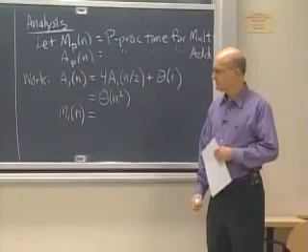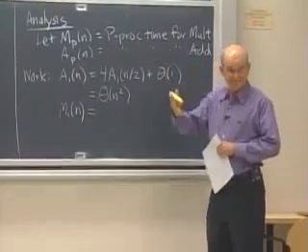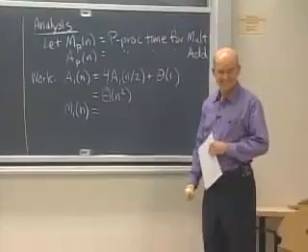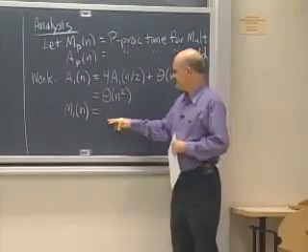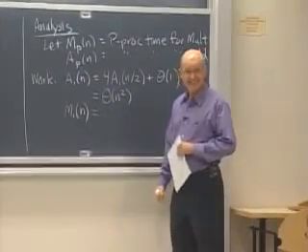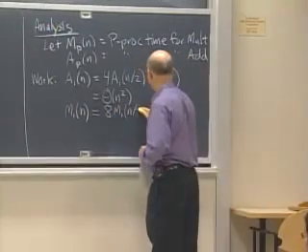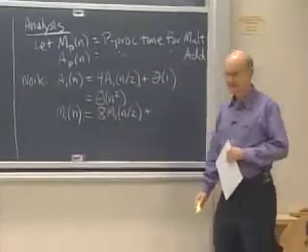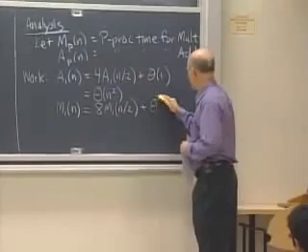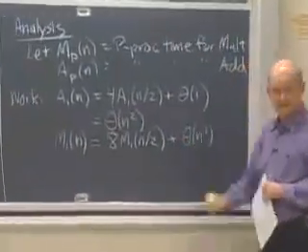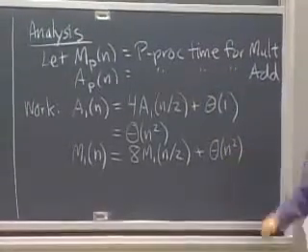So what's our recurrence here? Eight, right. Good. Eight M1 of n over 2 plus theta n squared for the addition, and then there's an extra theta 1 that we can absorb into the theta n squared.